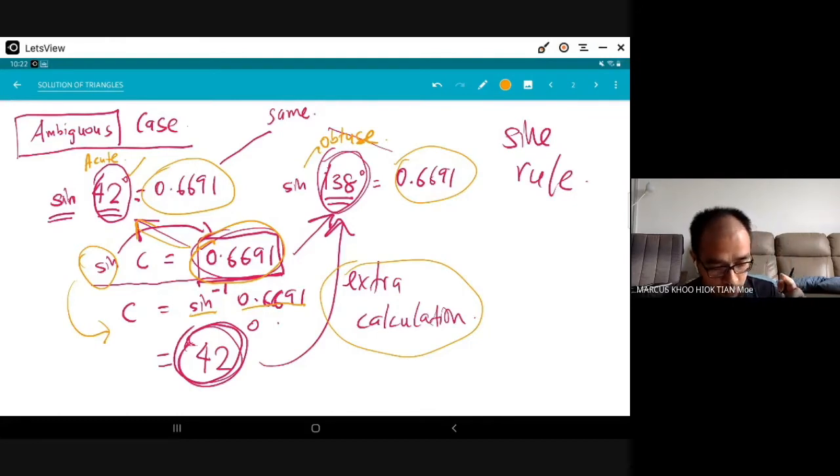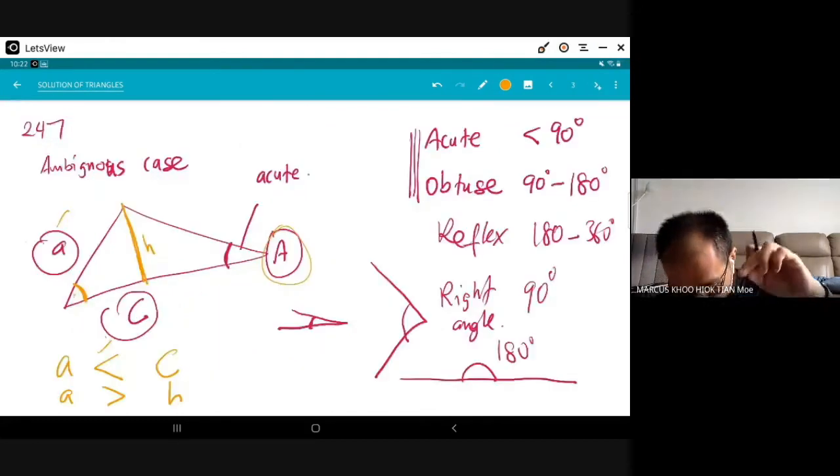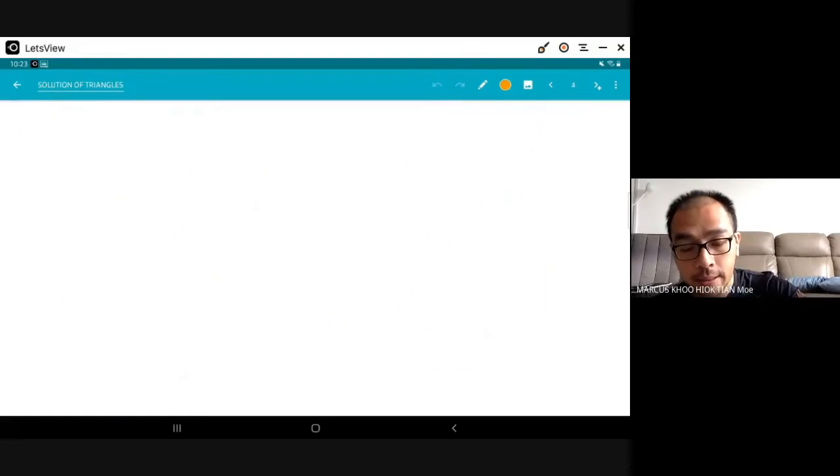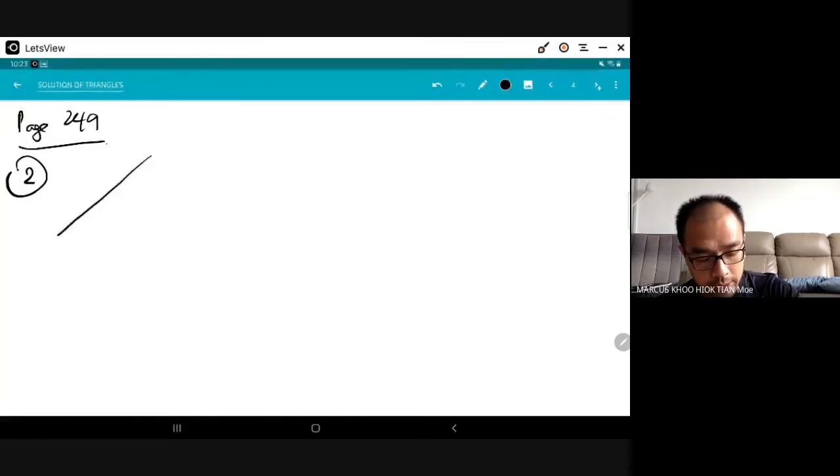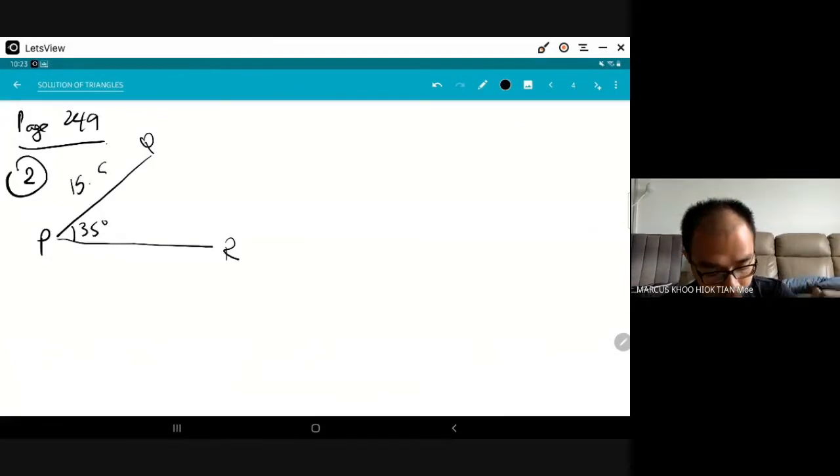I want to do, turn to page 249. Let's do question number 2. The diagram over here is an incomplete triangle. This is Q, this is P, this is R, 35 degrees and 15.5.